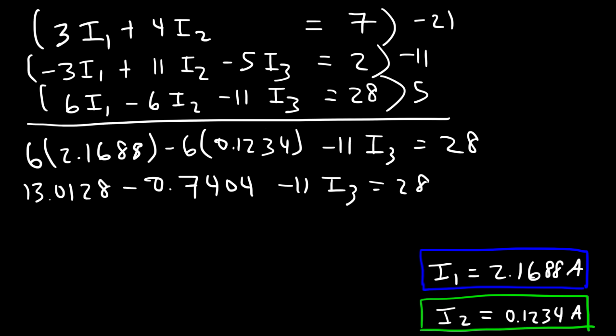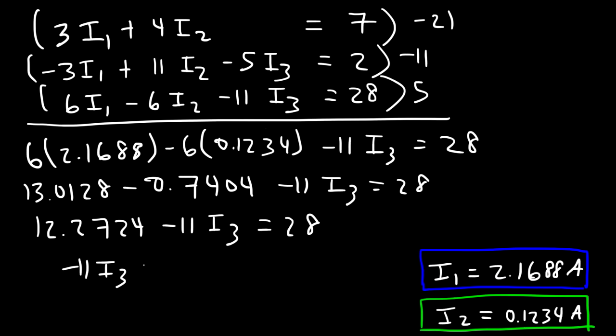Now let's combine those two numbers. So 13.0128 minus 0.7404, that's 12.2724. So we need to subtract both sides by that number. So 28 minus 12.2724, that's 15.7276.